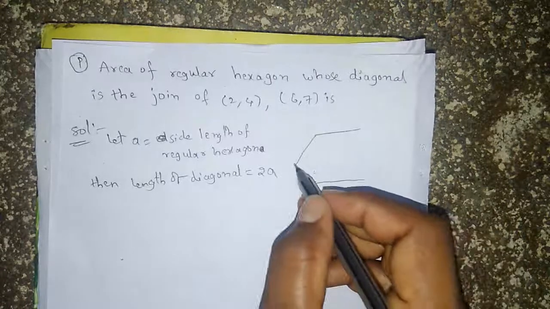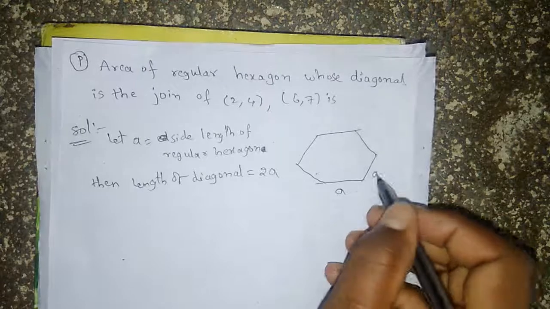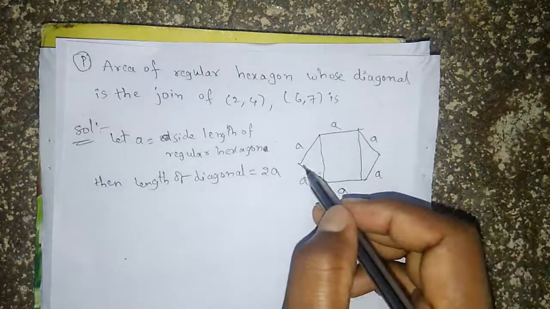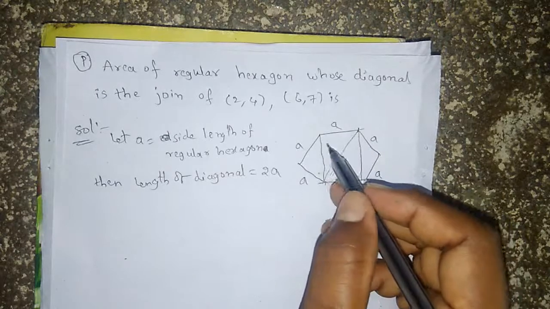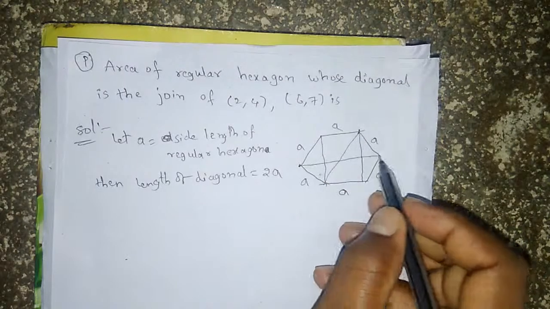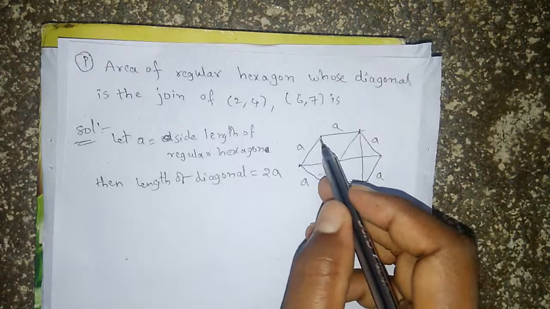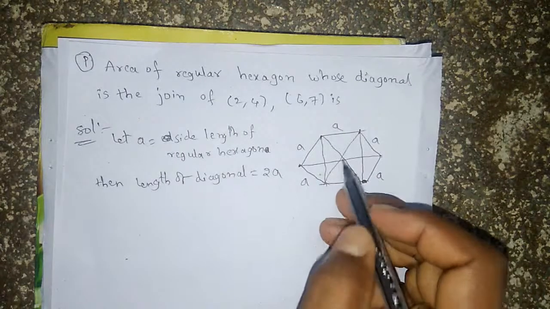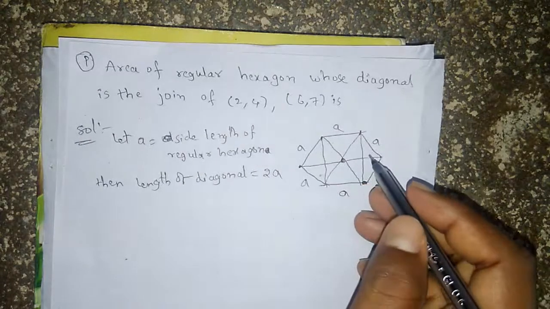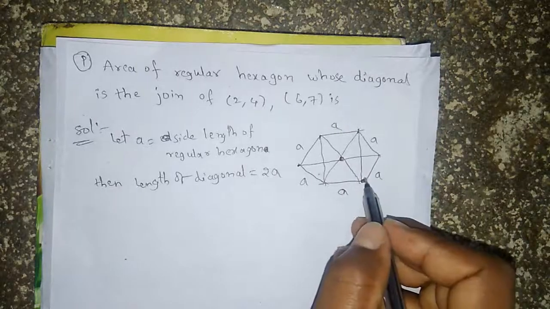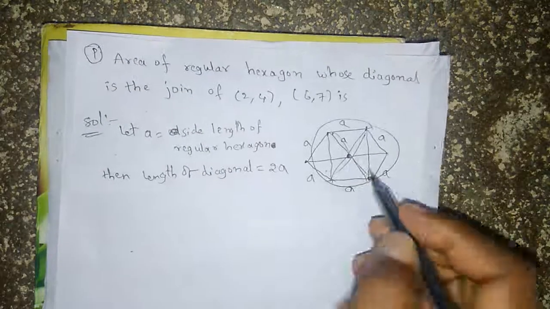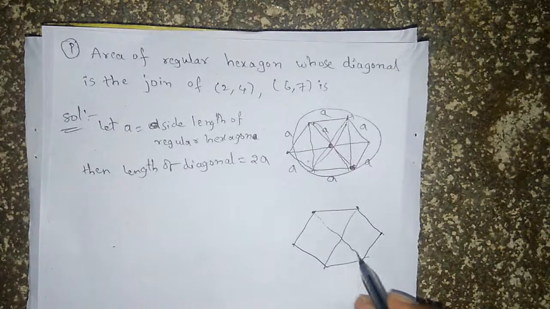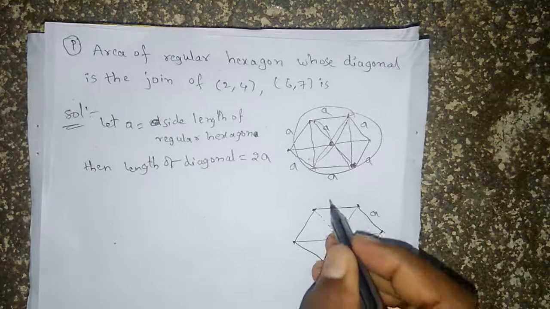Let this be a regular hexagon. This is a. This is a.